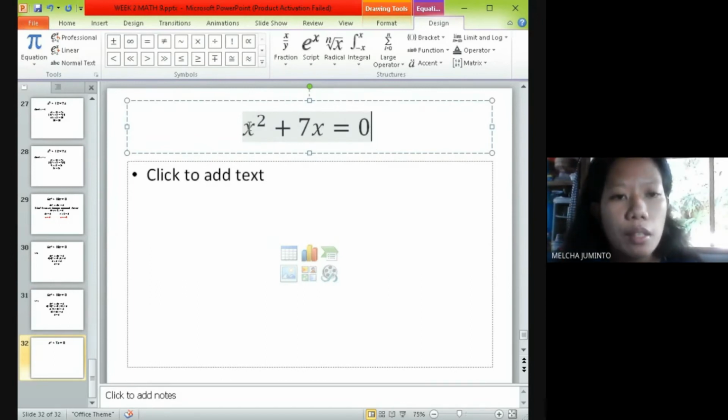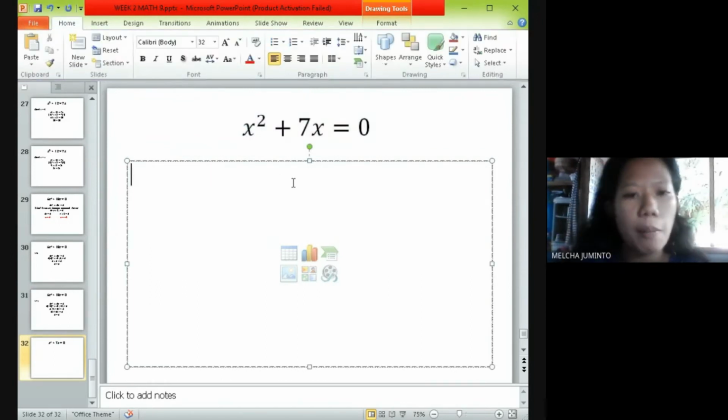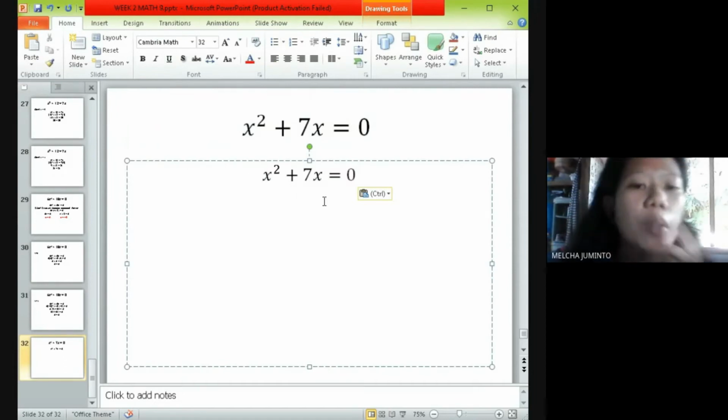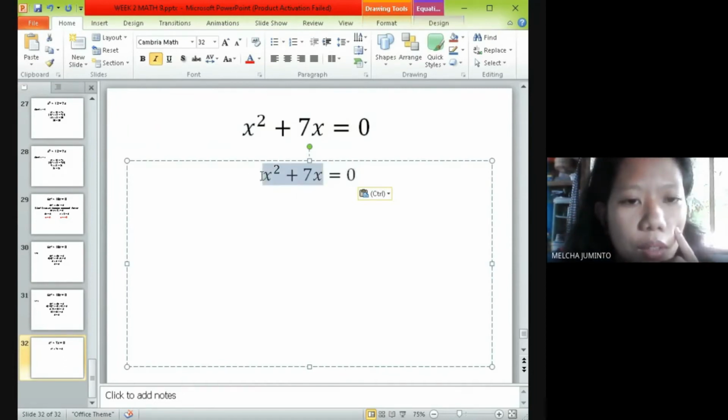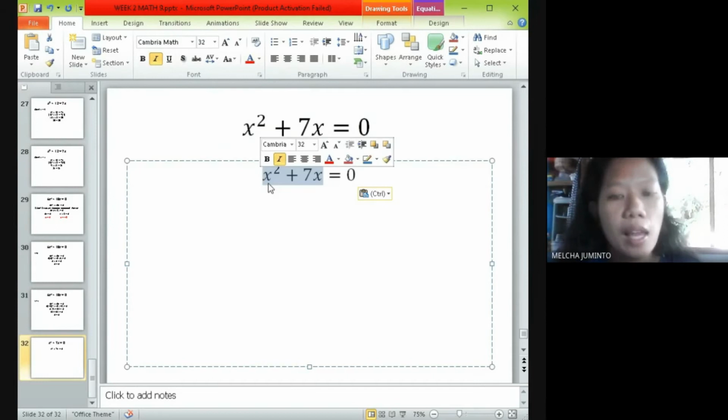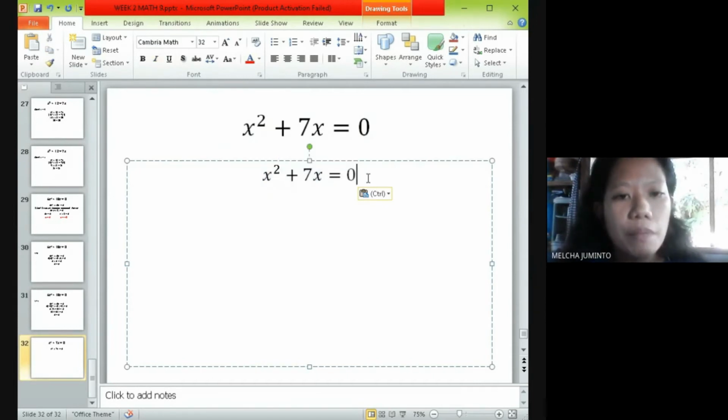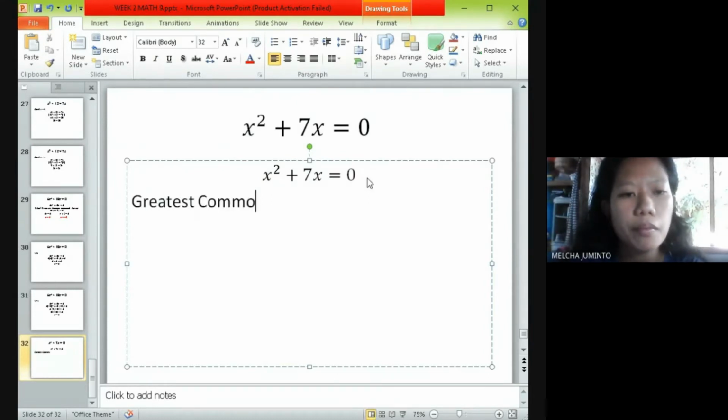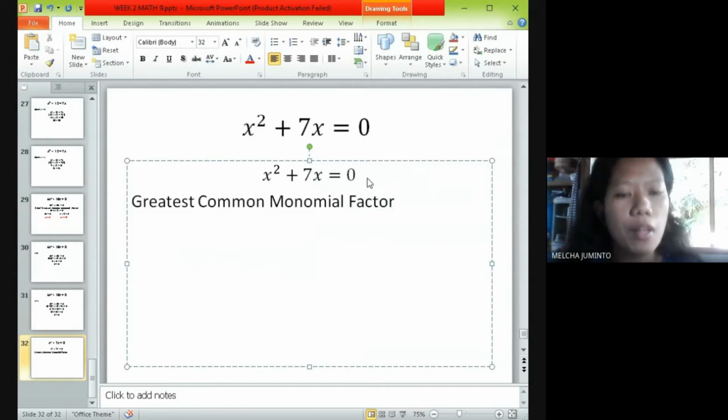To solve this by factoring, first determine what kind of factoring is involved. It is not a trinomial, so the factoring you will use is factoring using the greatest common monomial factor, which is also a lesson from grade 8.